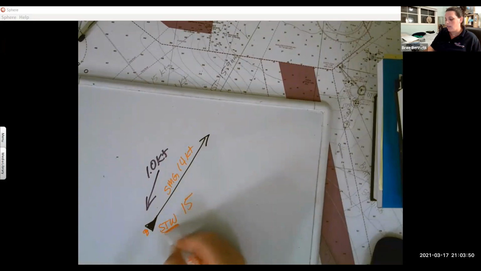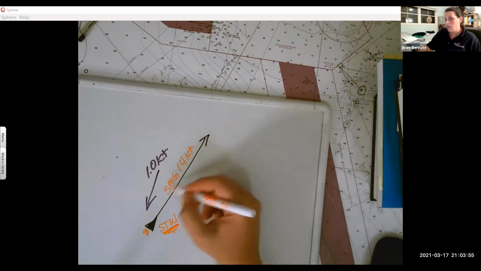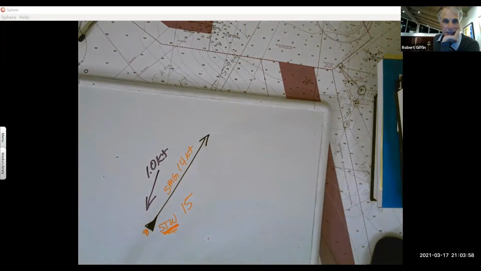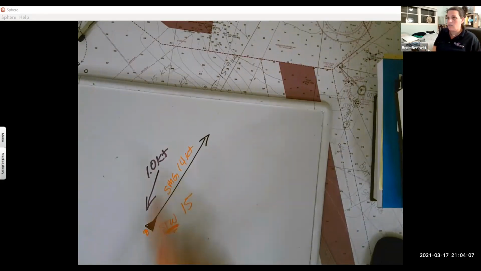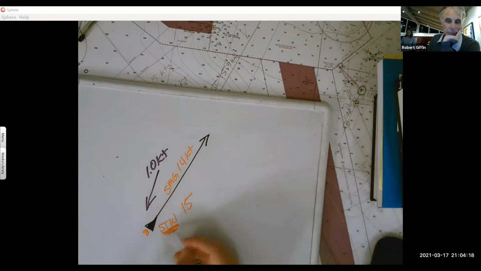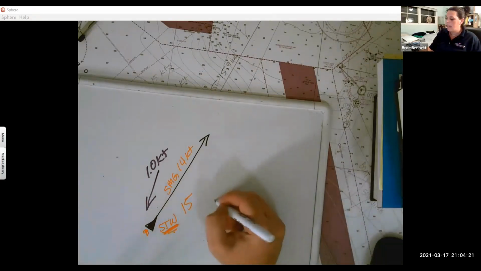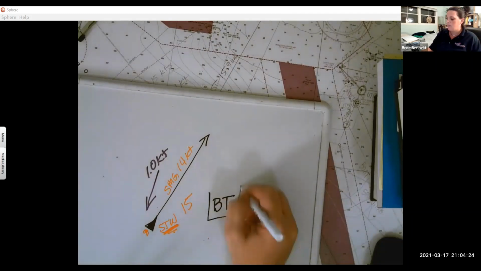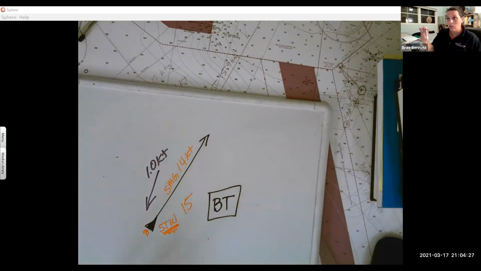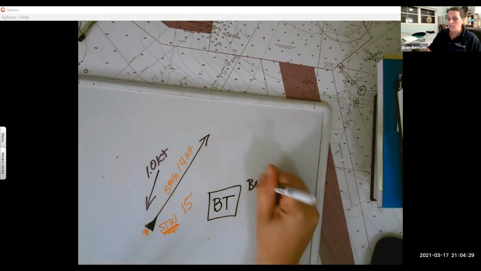So your speed through the water goes on your boat's line. All these speeds that you're referencing in our calculations here, are these speeds adjusted for the current? So there's speed made good, speed over ground. Yes, your speed made good is the one over ground. Now, sometimes depending on what instrument you have on board measuring speed, it can be set at speed through the water, or it might have this BT light or button that's illuminated, and that means it's bottom tracking.